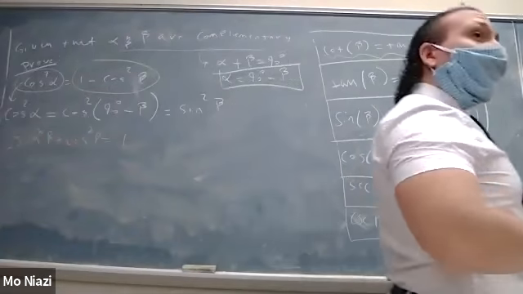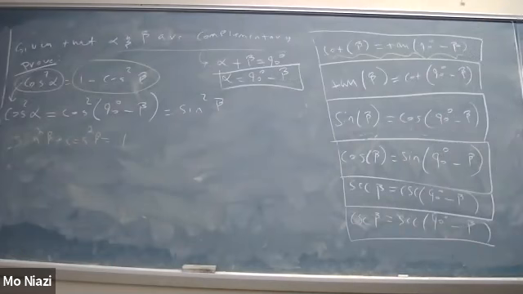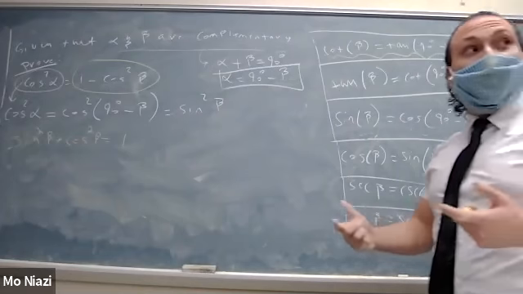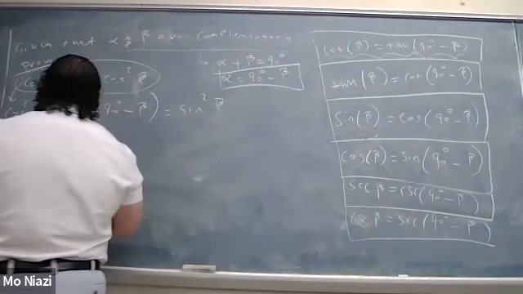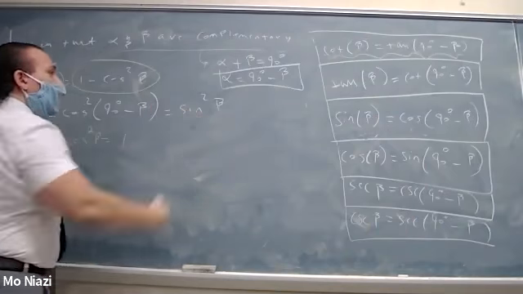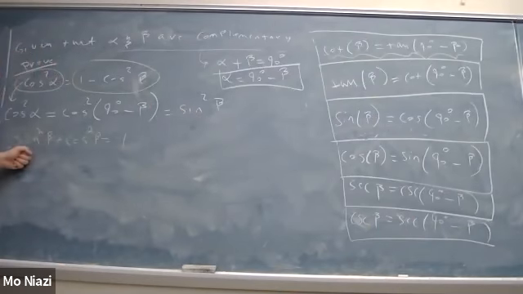What identity is that? The Pythagorean identity, right? Sine squared beta is right here.